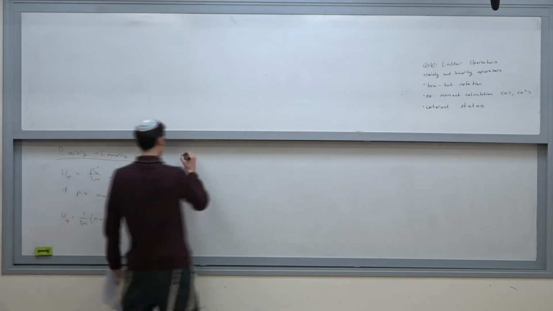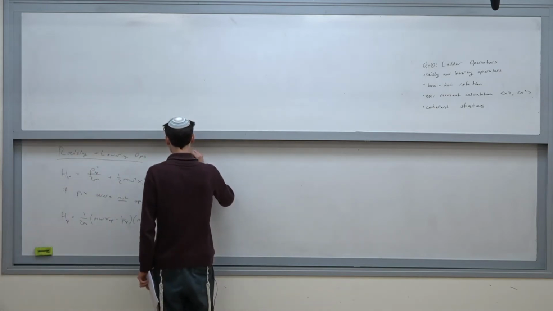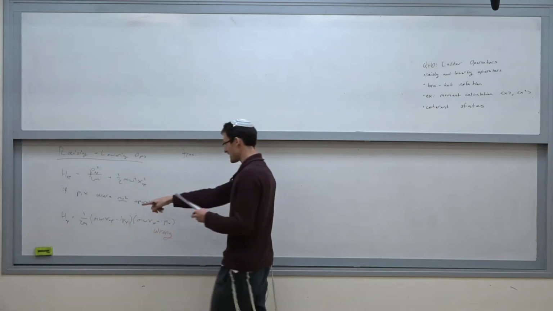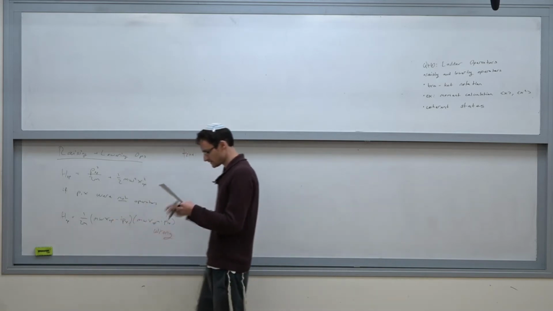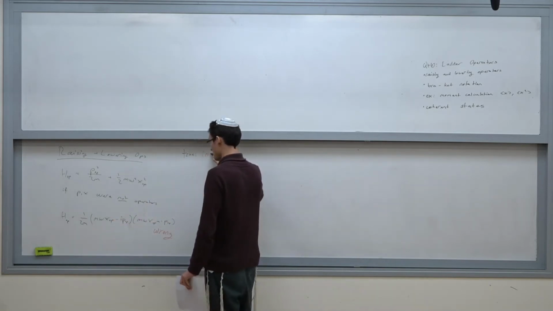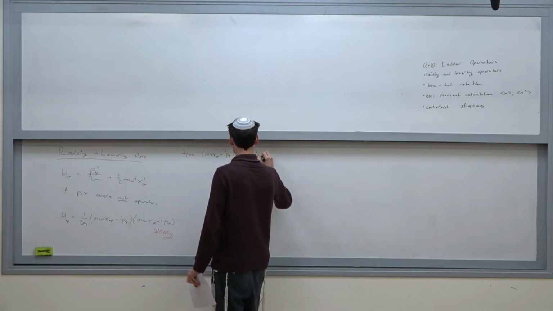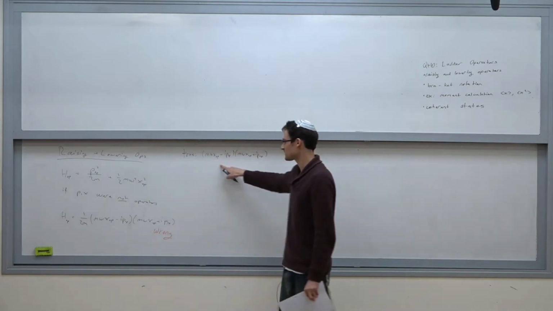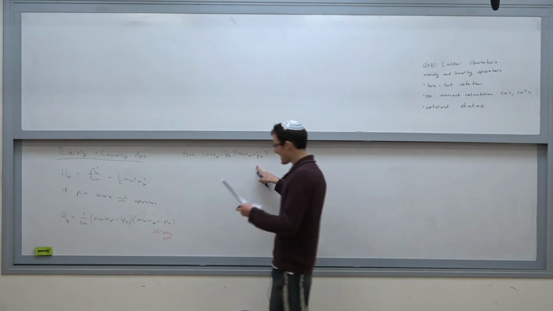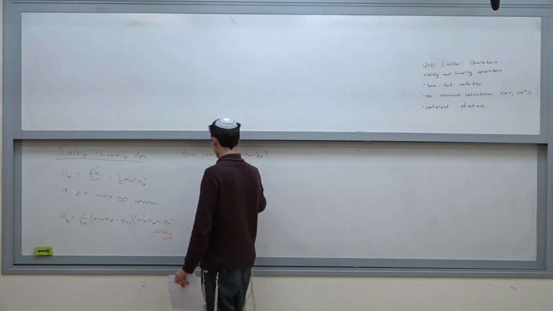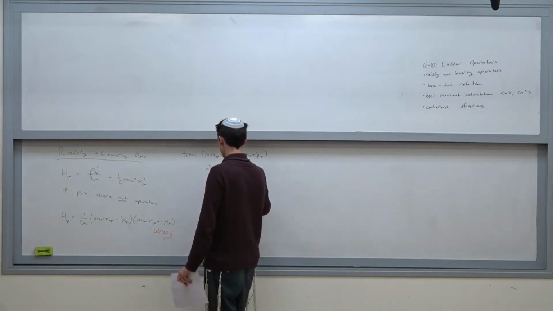So actually what is true is that if I multiply the first bracket by the second bracket, what we actually get is m squared omega squared x operator squared, right?